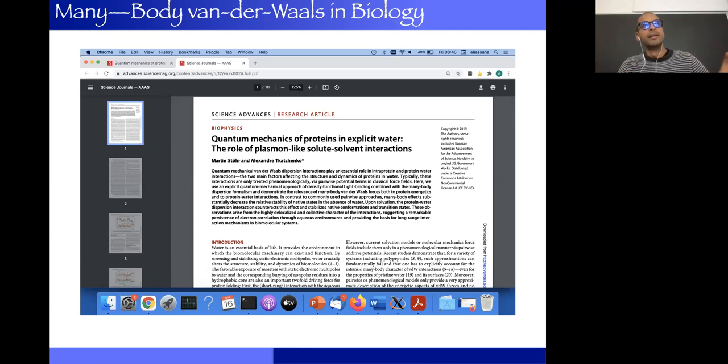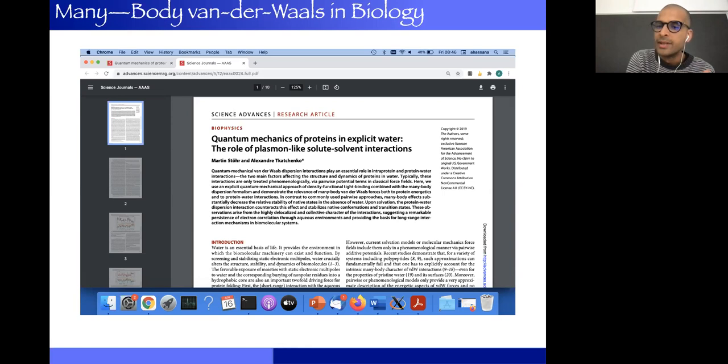Remember that most of us who've studied Van-der-Waals interactions in numerical work usually start from the Lennard-Jones potential, a pairwise interaction where the only attractive part of the Van-der-Waals is the -1/r⁶ term.